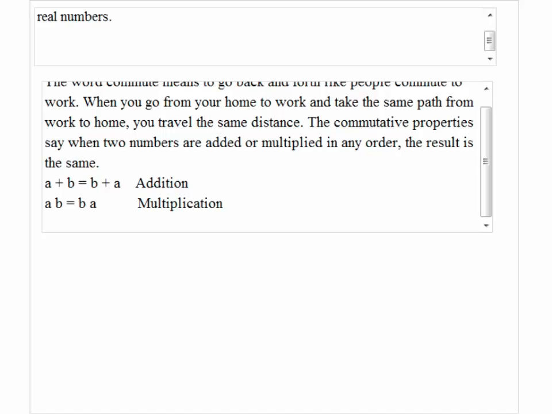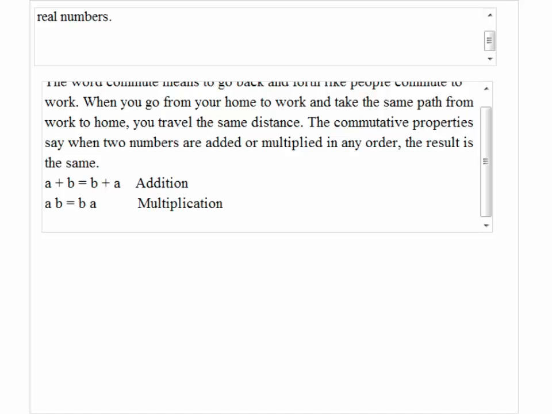When you go from your home to work and take the same path from work to home, you travel the same distance. The commutative property says when two numbers are added or multiplied in any order, the result is the same. So for addition, A plus B is the same as B plus A. For multiplication, A times B would be equal to B times A.